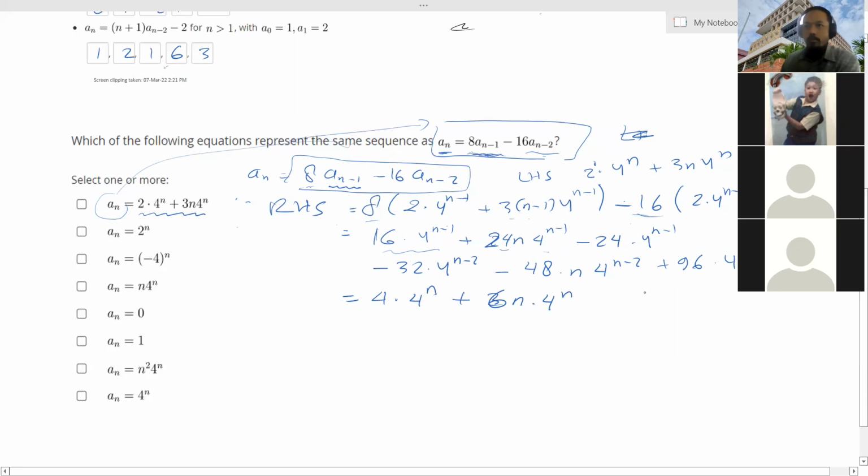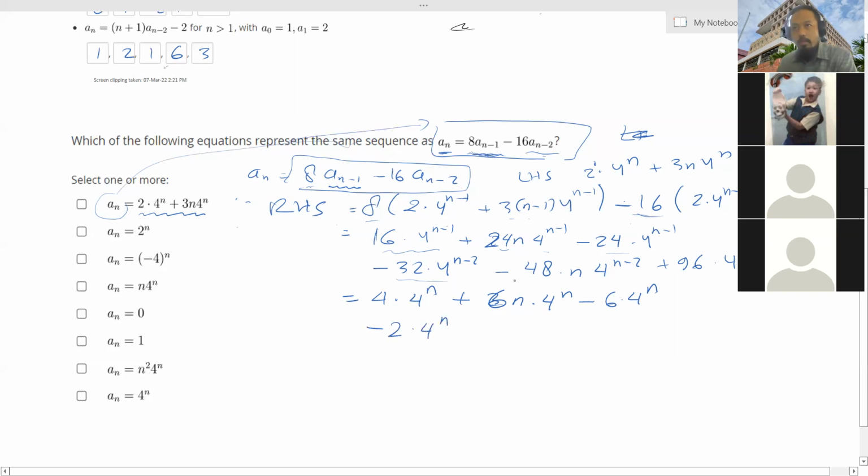Yeah. And what about this one? This is minus 6 times 4 to the power of n. What about this one? So you take out the 16, so there is minus 2 times 4 to the power of n. Yeah.